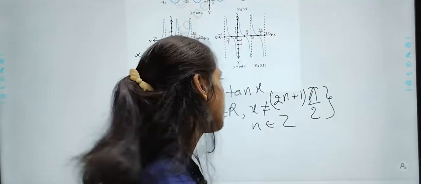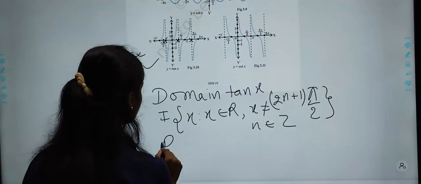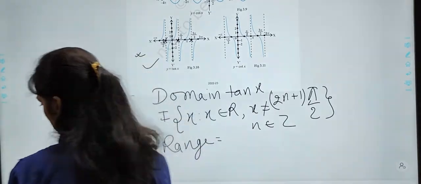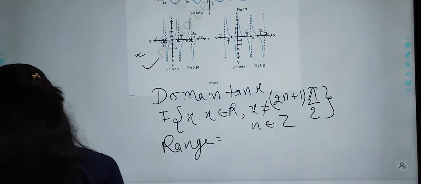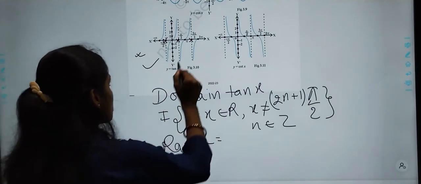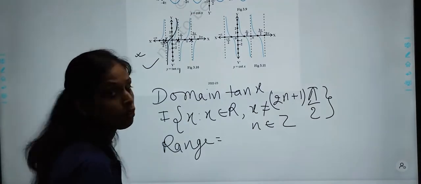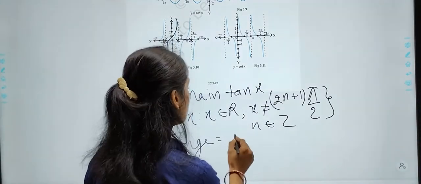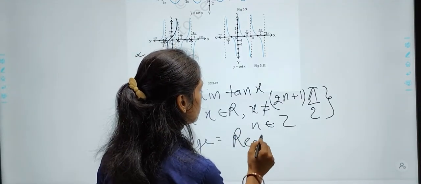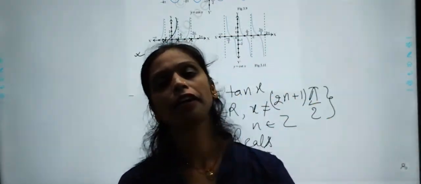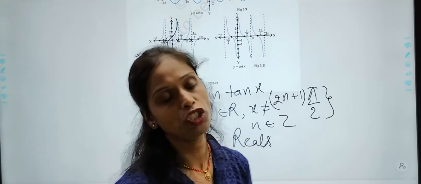Then this is our domain, and what is the range? The range is very clear. The range will be all reals. In reals, every real you take is in the range. Then this is the domain and range of tan theta.